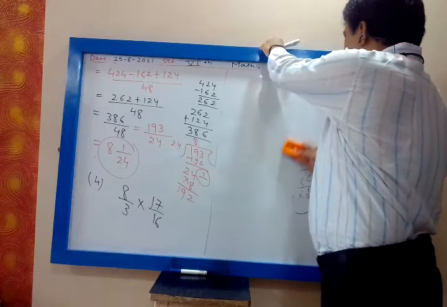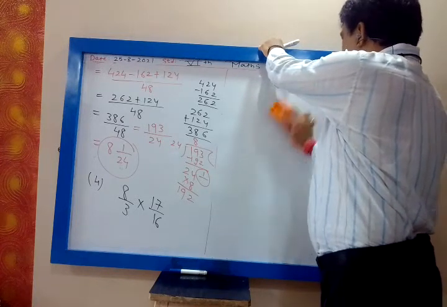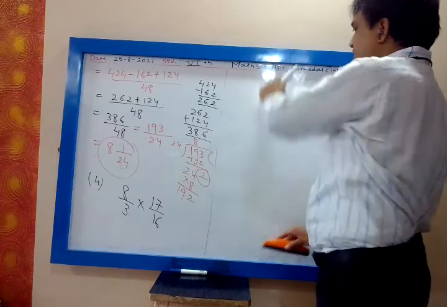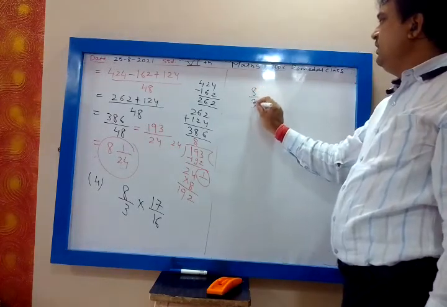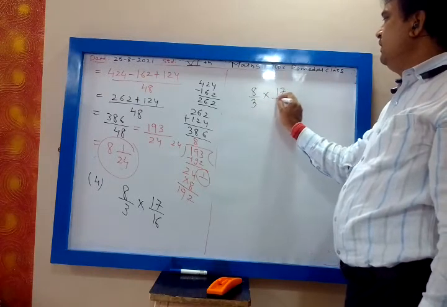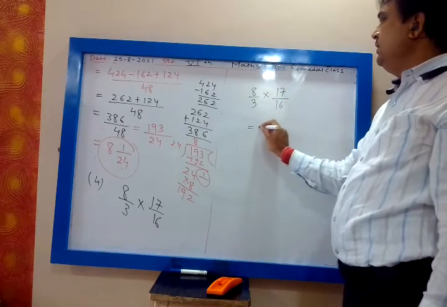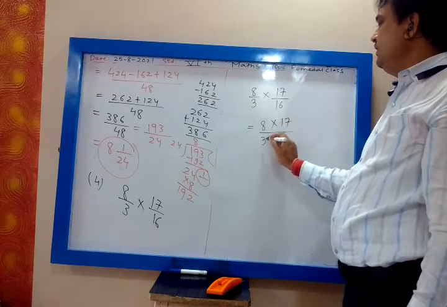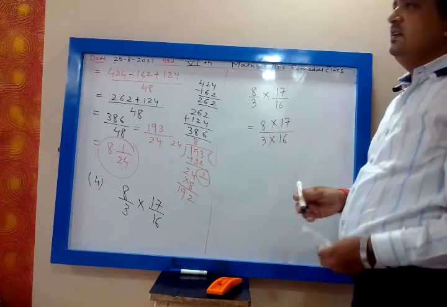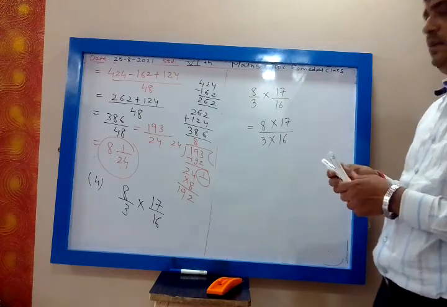Let us solve based on this. 8 by 3 into 17 by 16. So numerator into numerator will be 8 into 17 upon 3 into 16. You have to cancel the common term of numerator and denominator.